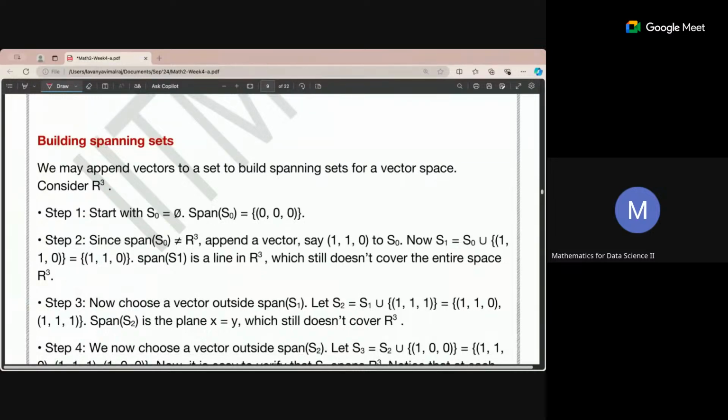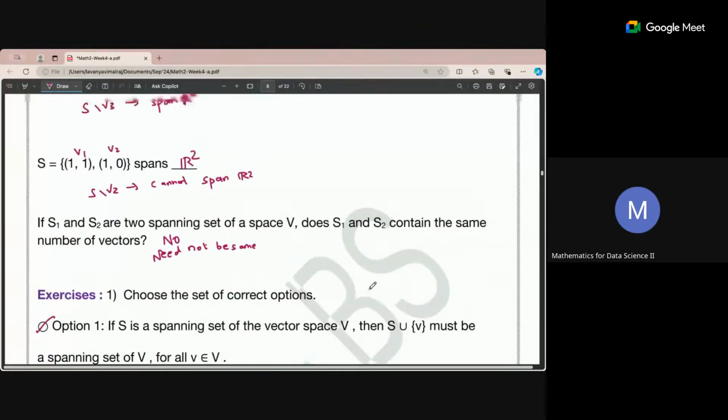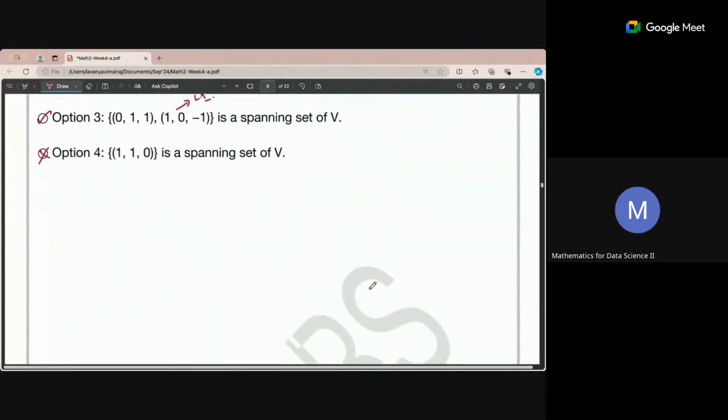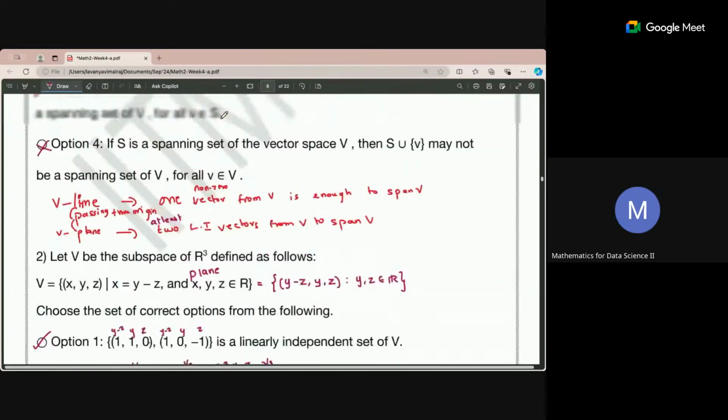Before this, I'll have a 5 minutes break and we'll continue again. Meanwhile, I will give you some work. Try to figure out a spanning set for a subspace I'm giving you randomly: x is equal to y plus z, something very similar to the previous one.